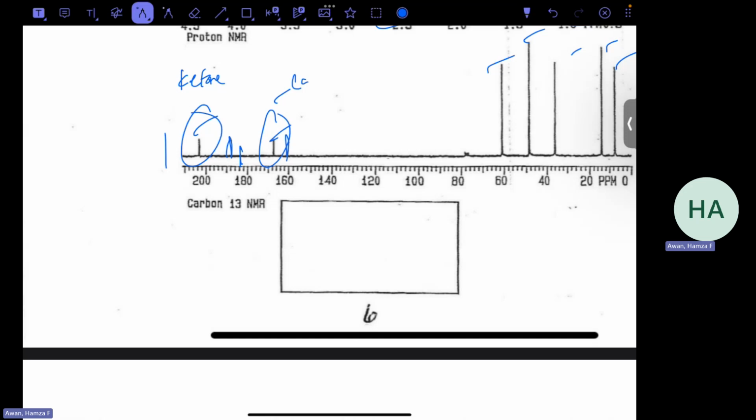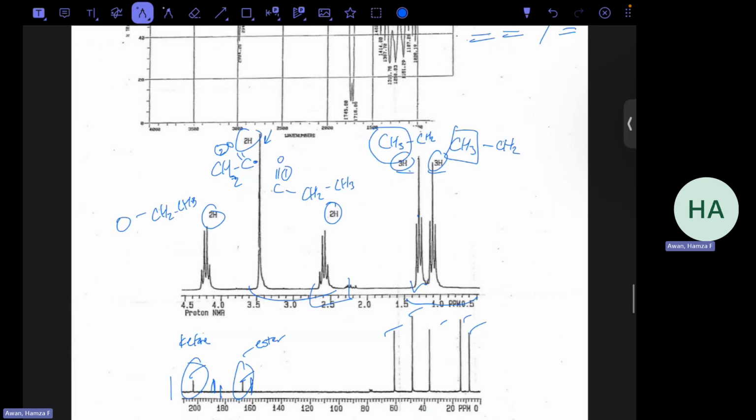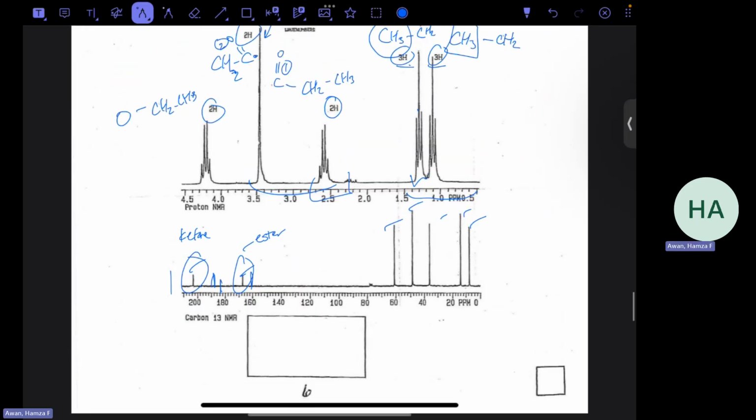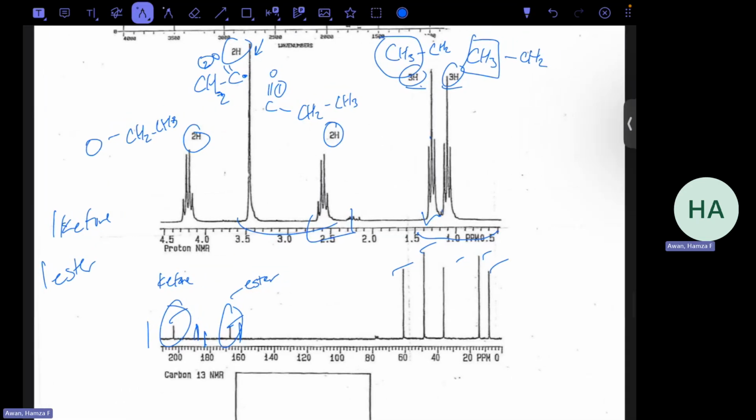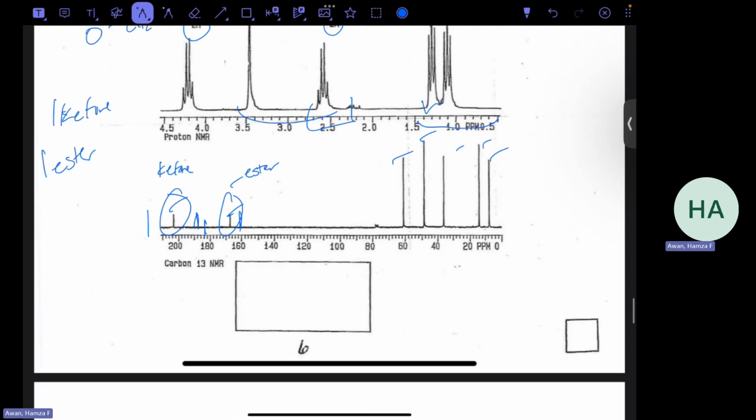This is a carboxylic acid, or an ester, sorry, because we do not have the OH peak, so it can't be a carboxylic acid, so it'd be an ester, right? If we had a carboxylic acid, we'd probably see something like this over here on the spectroscopy, but we don't, right? So we know that we have one ketone, one ester, and that ester is going to have this OCH2CH3 100%, because that's what the ester is attached to.